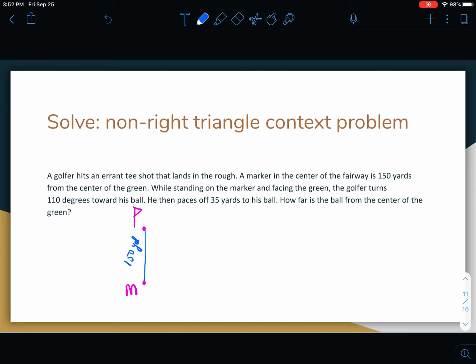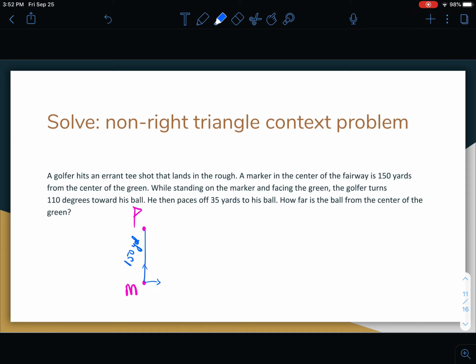Now it says that this golfer is going to turn 110 degrees towards his ball. And he's facing the green here, so he's facing this way. This is where he's looking. So we know that this right here would be 90 degrees, so he wants to go a little further for 110.